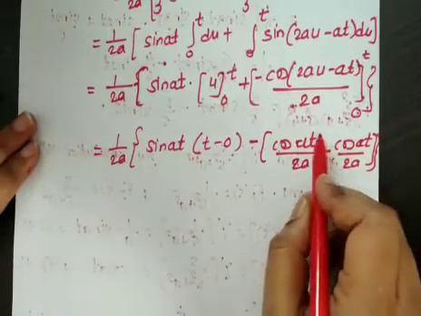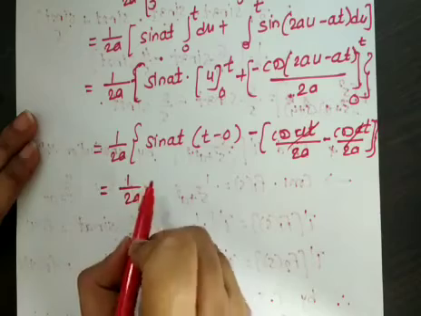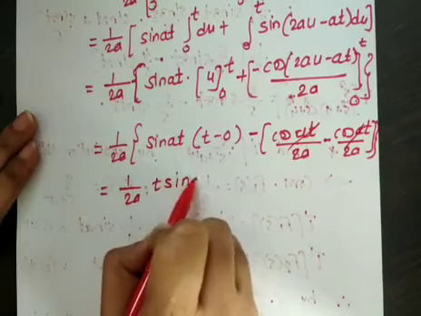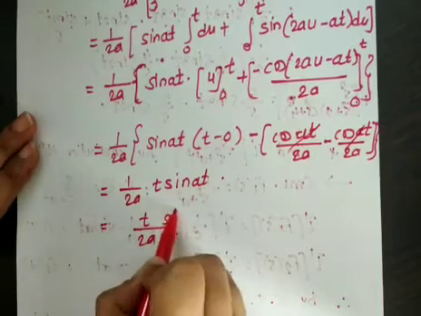These two get cancelled here, and it is just 1 upon 2a into t sin at. So the answer will be t upon 2a sin at.